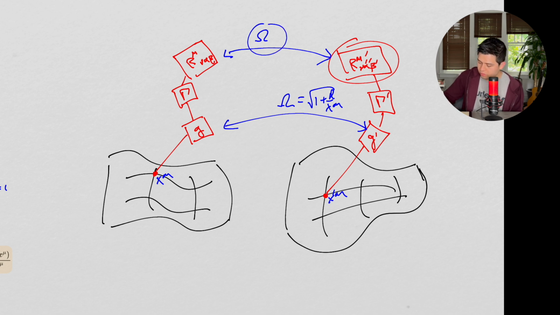Okay, so this question is the next question we're going to answer. It's going to be quite a long video because I'm going to go through the entire derivation, and then from there we're going to take a look at the Weyl tensor. The Weyl tensor has something to do with the difference between this guy and this guy.